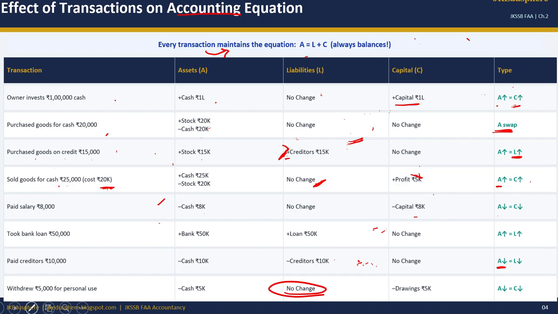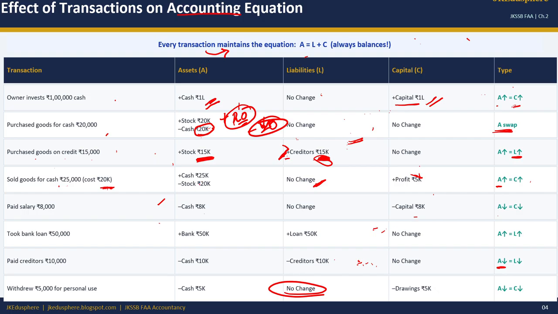So here we can see the owner invested 1 lakh. There is capital of 1 lakh. Then we got 20,000 of stocks. All right. Then there was a decrease in asset, so the same 20,000 we got plus and 20,000 we got in decreasing. Then stock increased by 50,000 and the liability also increased by 15,000.